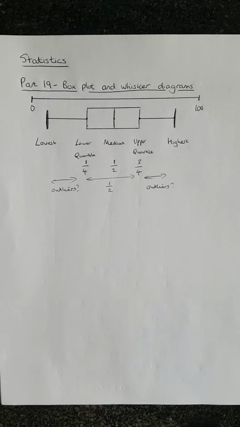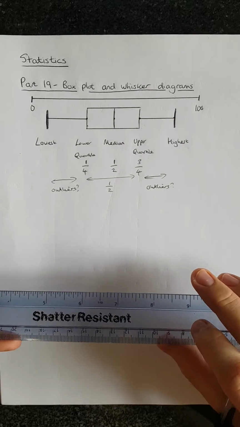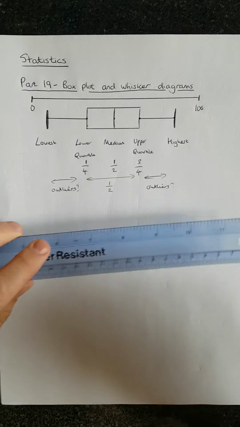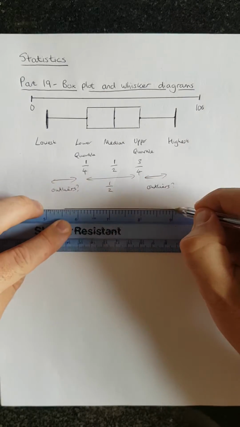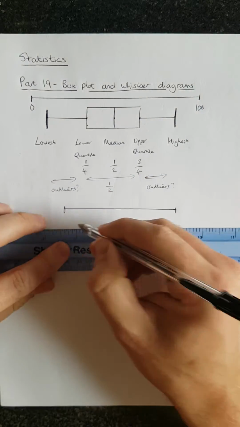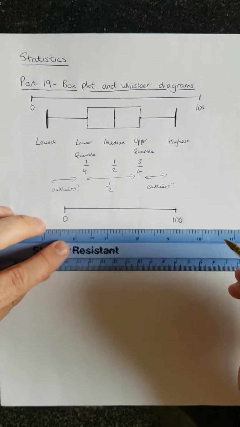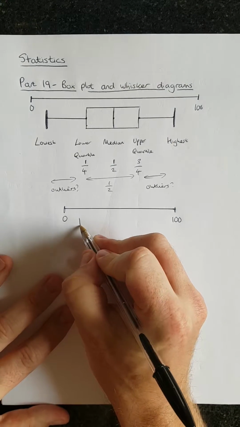Now, its best feature isn't just that you can draw them. It's the following. Here's your scale, and here are 2 box plots.